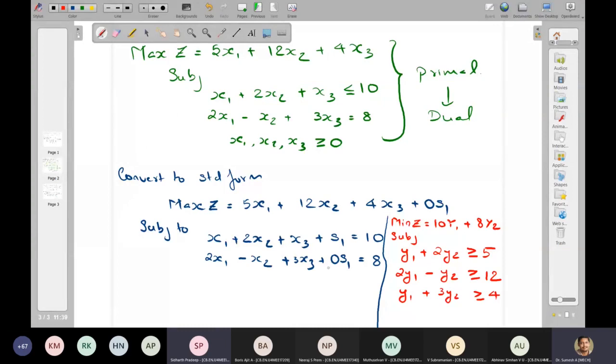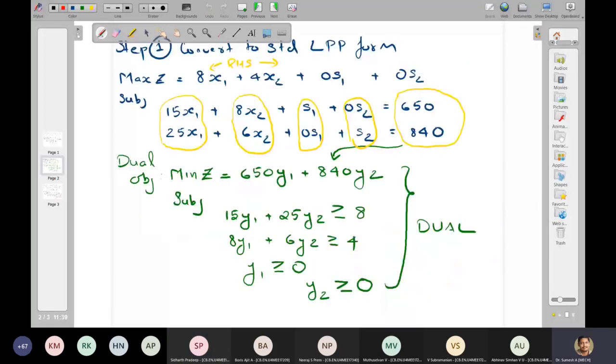You see over here, constraint number 1, 2, 3, and 4. Correspondingly, I will mark here 1, 2, 3, and 4.